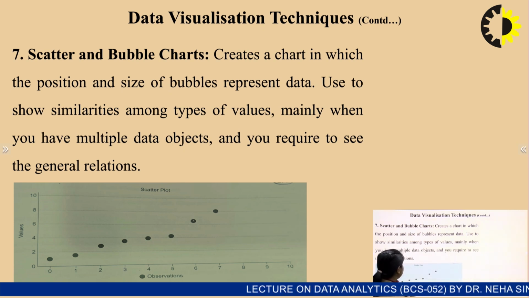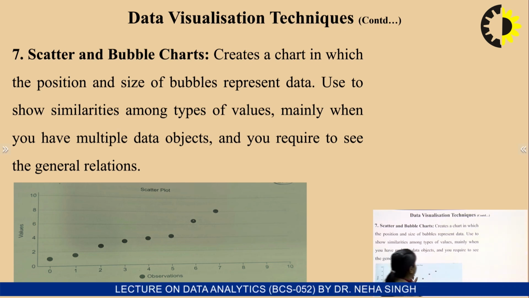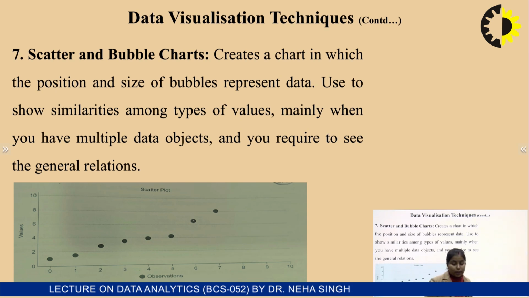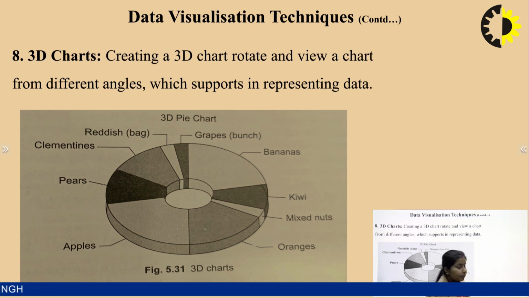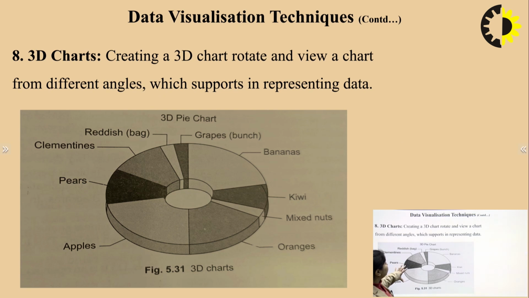Here the scatter and bubble chart shows the data in the form of bubbles using the scatter plot. The next technique is a 3D chart. With a 3D chart, you can rotate and view a chart from different angles, which supports representing the data. Here it shows a 3D pie chart using different fruits, showing different fruit combinations.